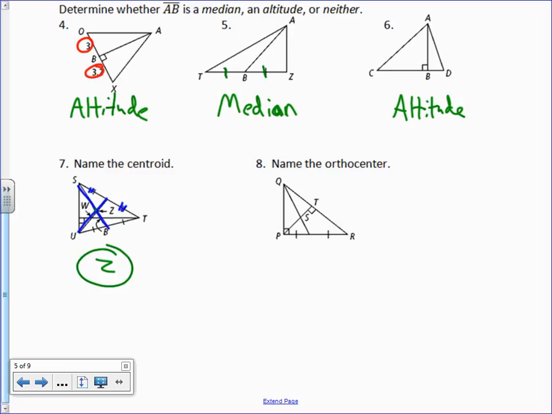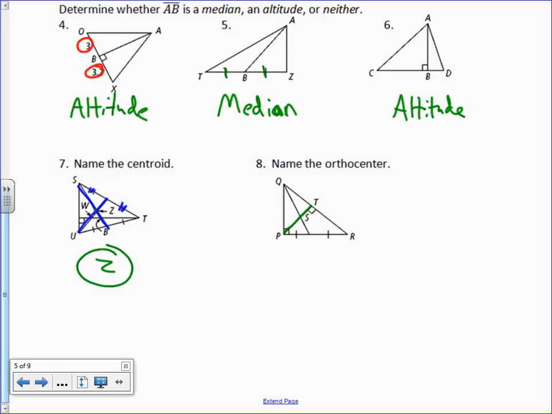This one says name the orthocenter, so that's where the altitudes intersect. Now it looks like there's only one spot in the middle of the triangle that would be intersecting, but there's only one labeled as an altitude. That's an altitude because we have a perpendicular line from that side to the vertex.